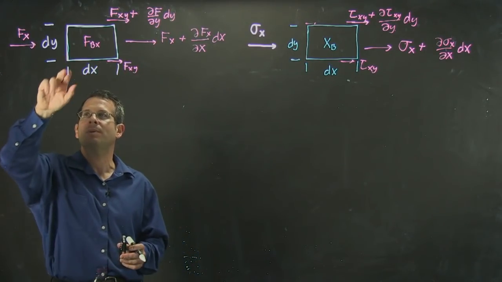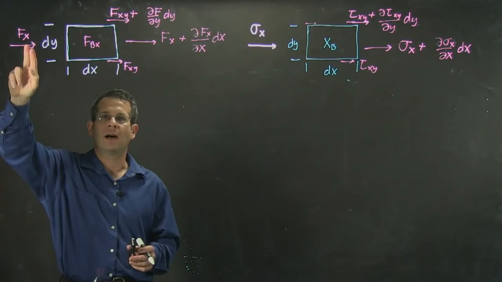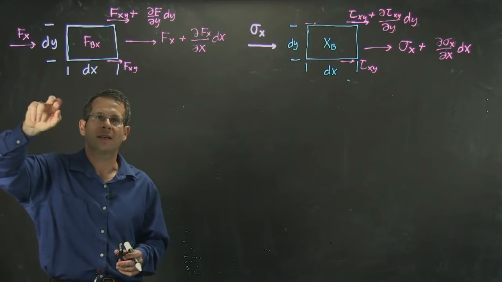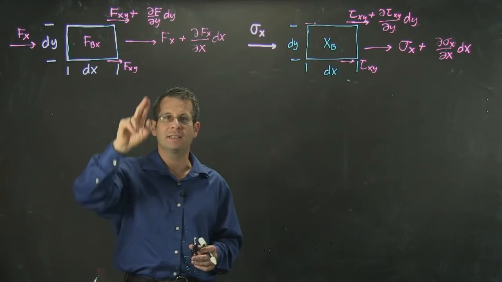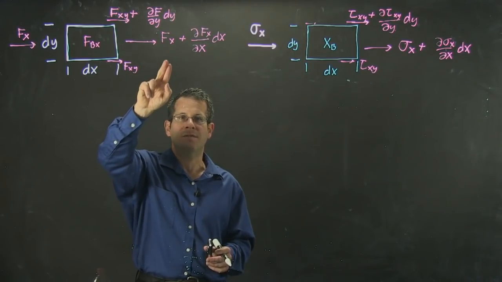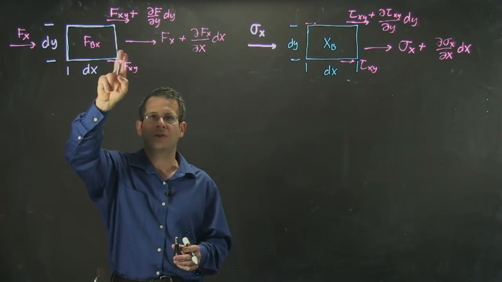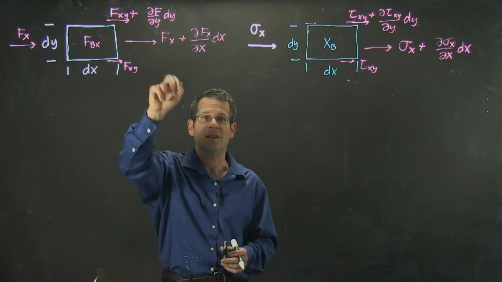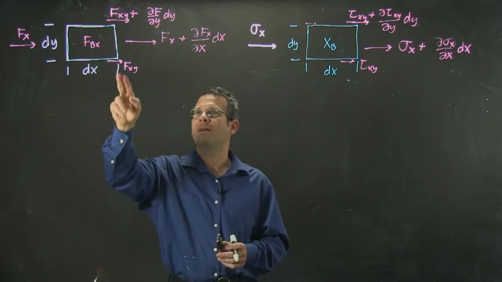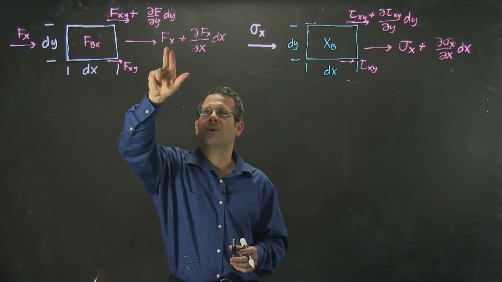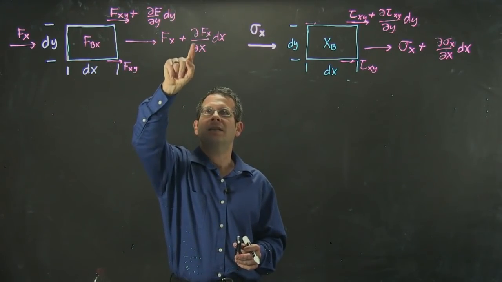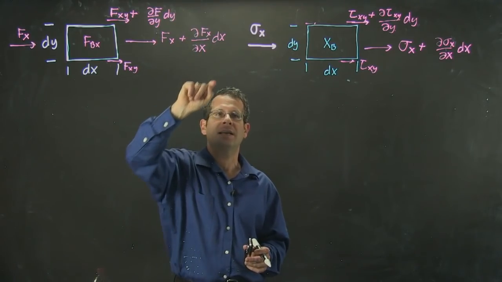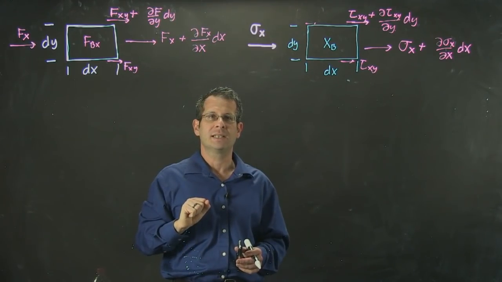I have a force being applied at this face, Fx. This force has the value of Fx, and we're assuming that it's so small that any change is happening linearly. So the value here can be the force at this face plus the change in F with respect to x, times this distance dx.